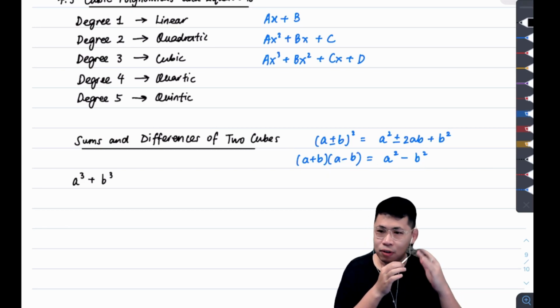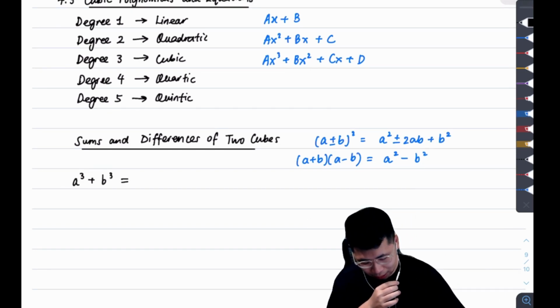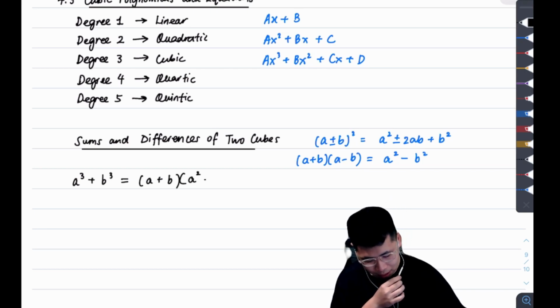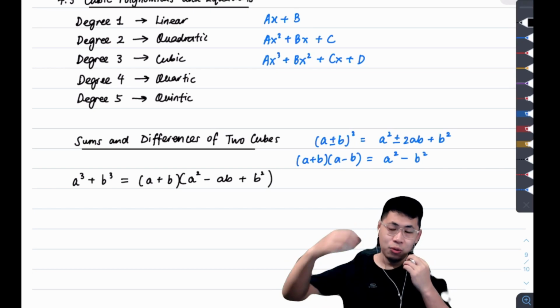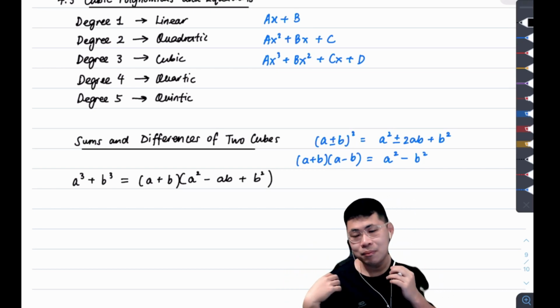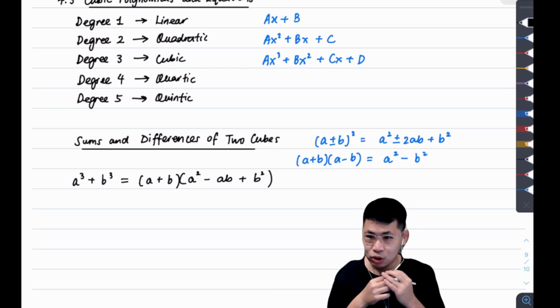We can factorize this as a plus b, multiplied by a squared minus ab plus b squared. So instead of 2ab, now we just have ab. This is how we factorize the sum of two cubes.